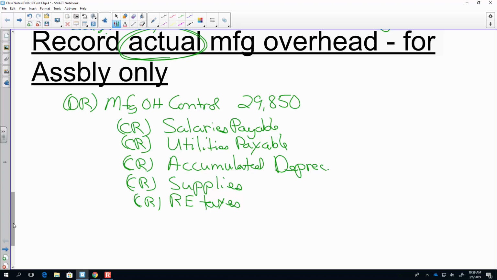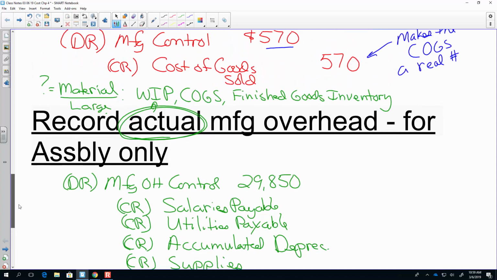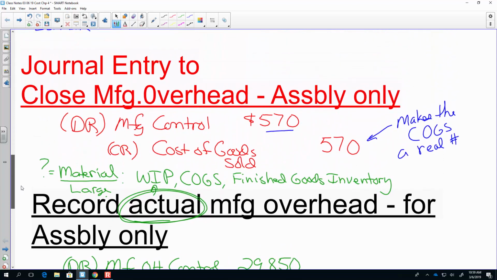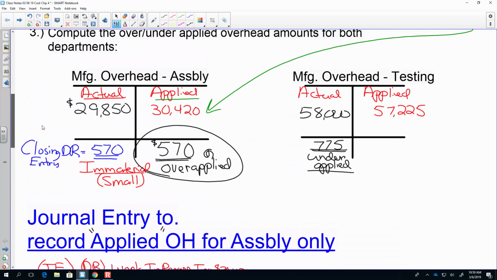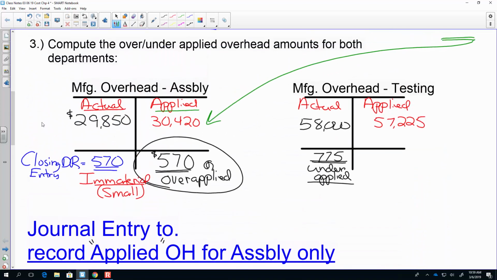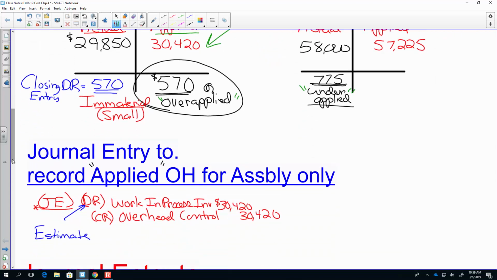One more thing that you'll be tested on regarding this closing entry. I'm going to go all the way back up to this word over-applied and under-applied. The question is, what effect does it have on cost of goods sold?